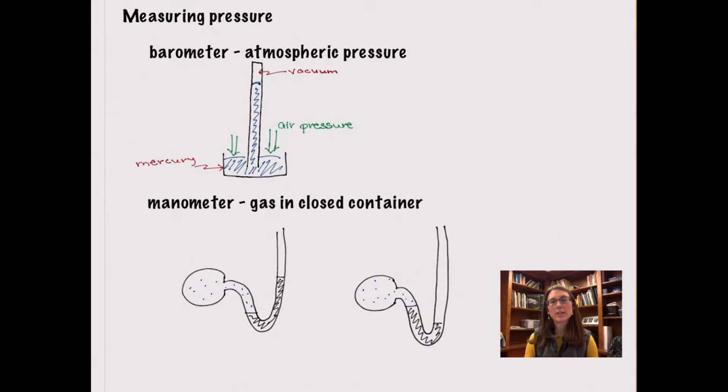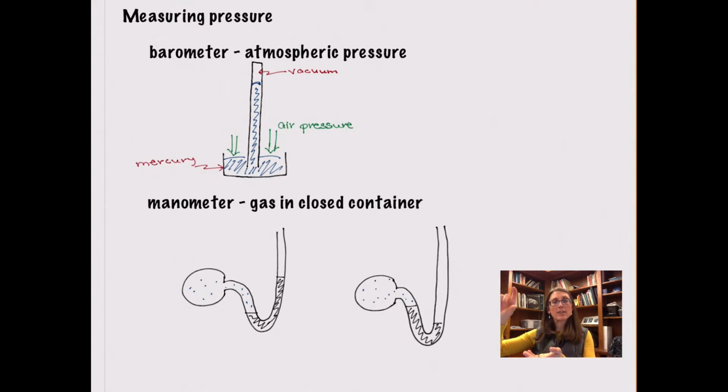Before we get into using the gas laws, let me remind you how we measure pressure. If we're measuring atmospheric pressure, we're going to use a barometer. And a traditional barometer is a tube that's completely filled with mercury and then upended into a container or a pool of liquid mercury down below. As you upend it, the mercury in the tube is going to fall down, leaving just a vacuum, a little bit of mercury gas, but a vacuum up above.